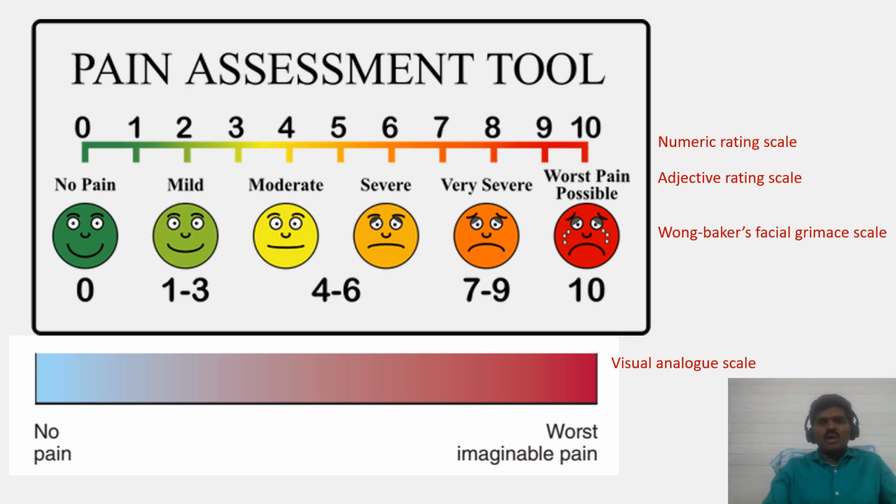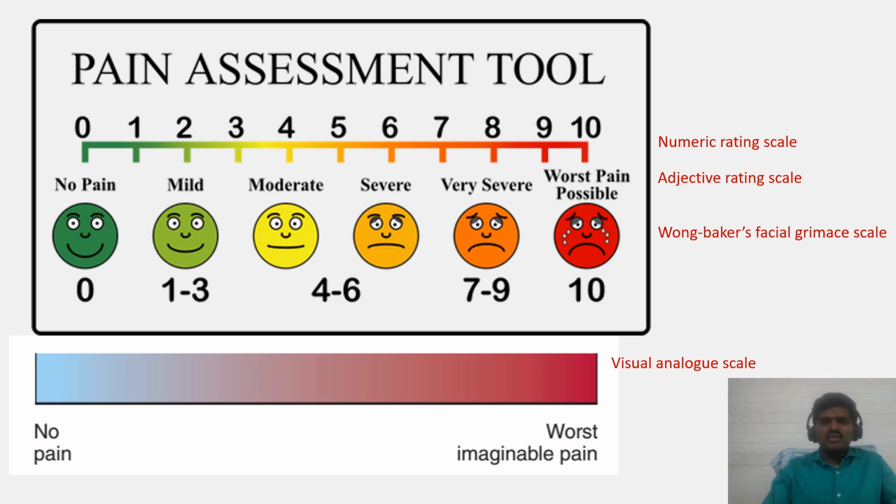And then there is Wong-Baker's facial grimace scale, wherein you look at the patient's face for different expressions, like smiling, to comfortable, which becomes gradually uncomfortable, and finally the patient starts crying, which signifies severe pain.